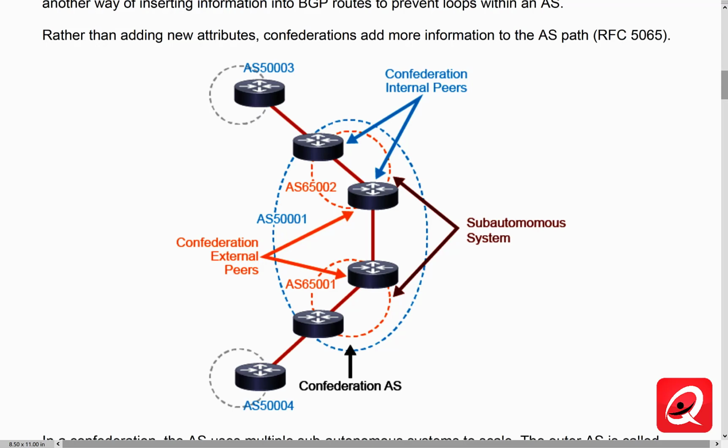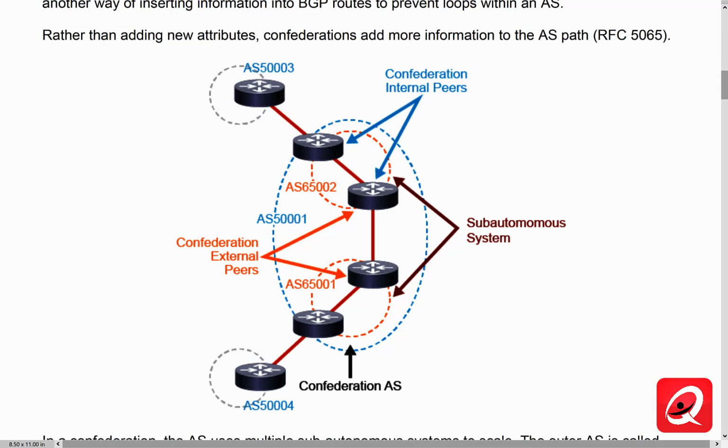The outer AS is what we call the confederation AS, and all of the inner autonomous systems are what we call sub-autonomous systems. And each sub-autonomous system has its own private autonomous system number. We can actually also implement route reflectors within the sub-autonomous system to get even more scalability within that autonomous system as well.